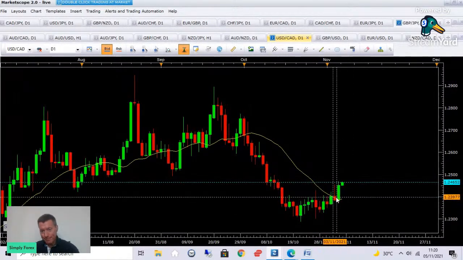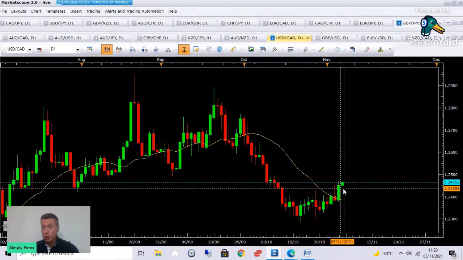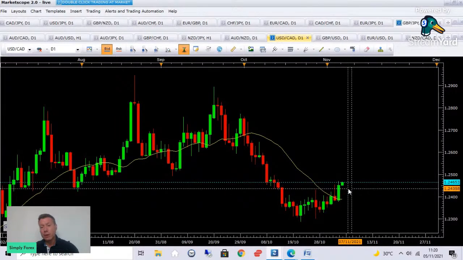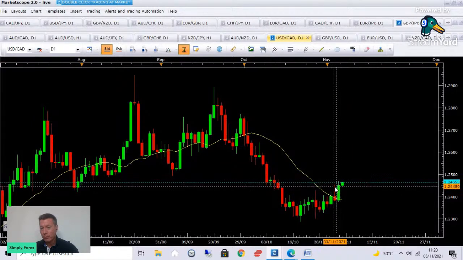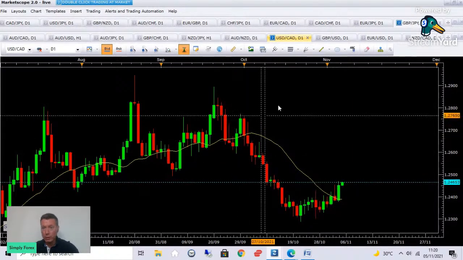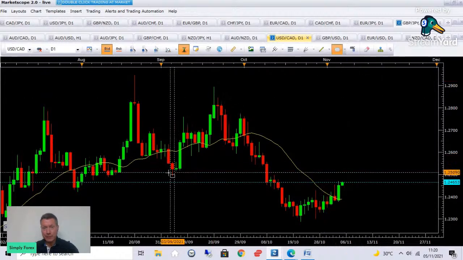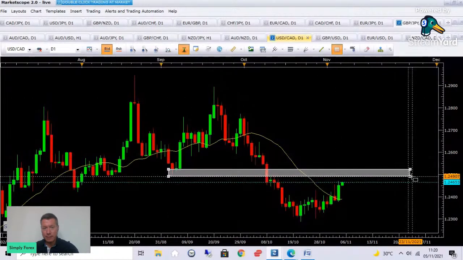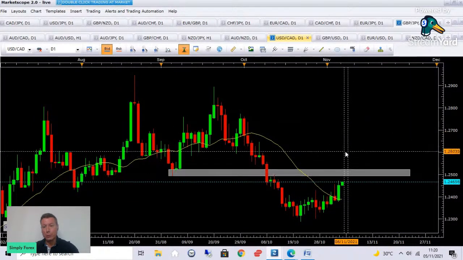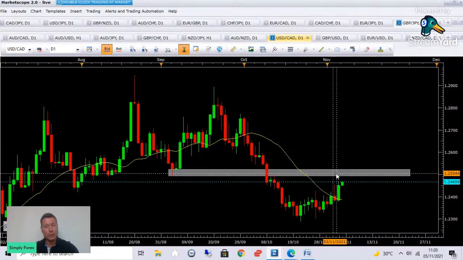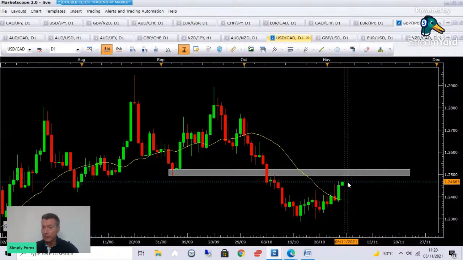So I wouldn't like to short this trade because of the large green candle, and I wouldn't like to long this trade either because price shut within this low. Also, I'm seeing a bit of resistance potentially here, so this trade wouldn't have a lot of room to move to the upside. I wouldn't like to long this, I wouldn't like to short it. I stay out of the market.